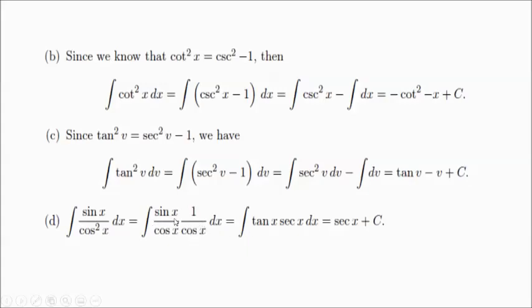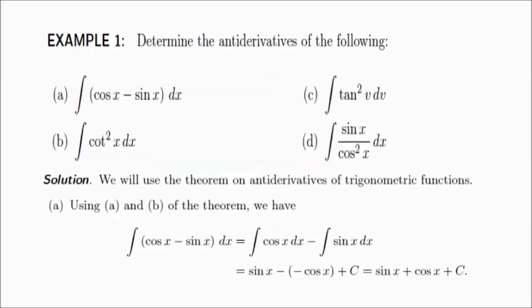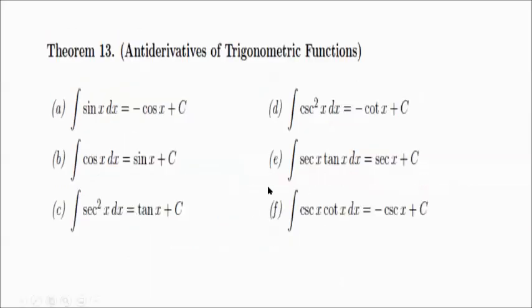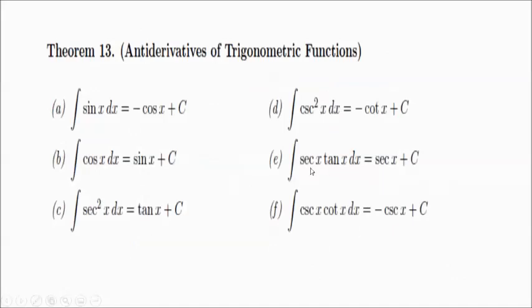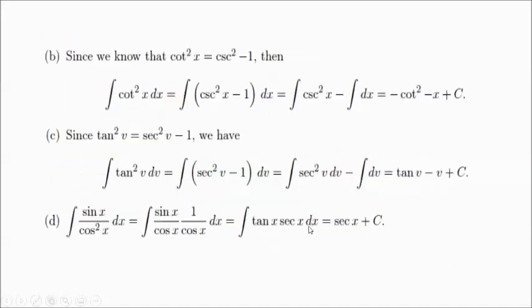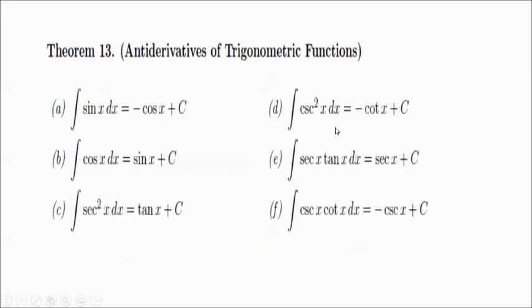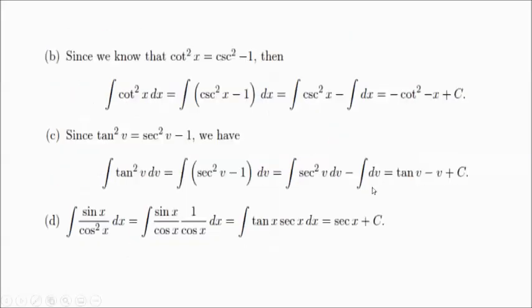Okay? So sine x over cosine x is tangent x, and 1 over cosine x is secant x. And then the integral of tangent x secant x dx, class, is in the formula. Secant x tangent x is secant x. Secant x just came first here. Okay? And then plus c.